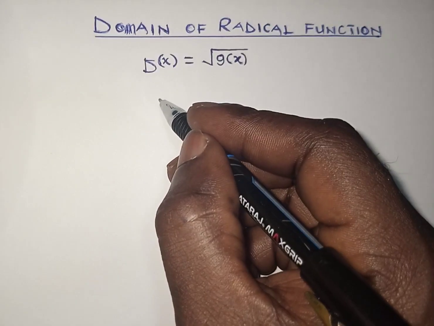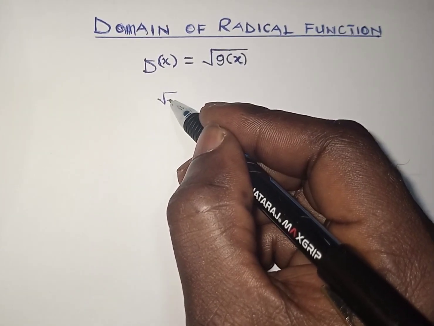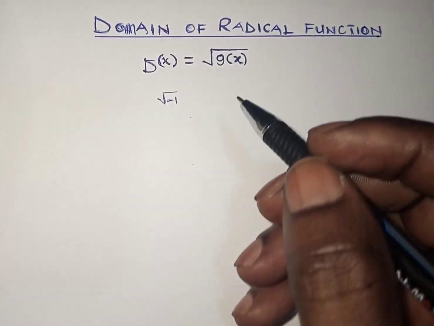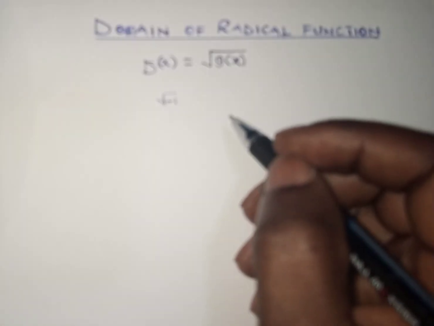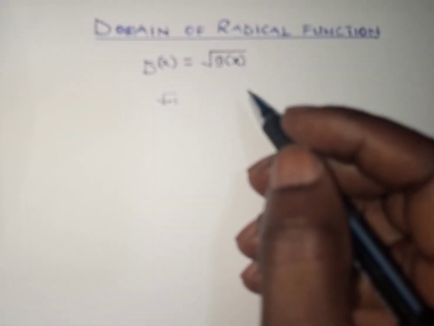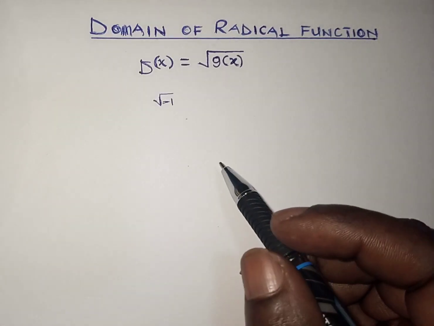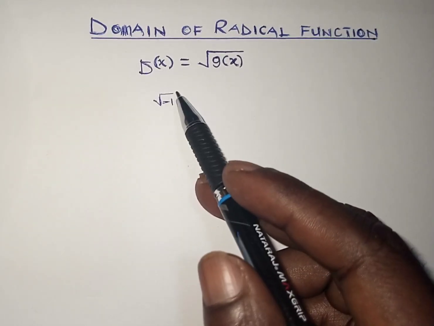Now, note that anytime you have the square root of a negative value, let's say -1 or -2, or a negative number in general, we are going to get what?